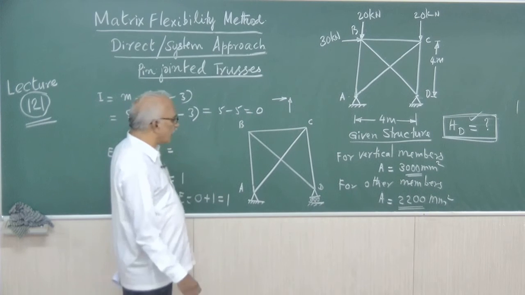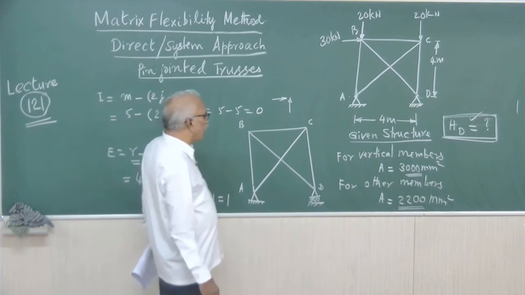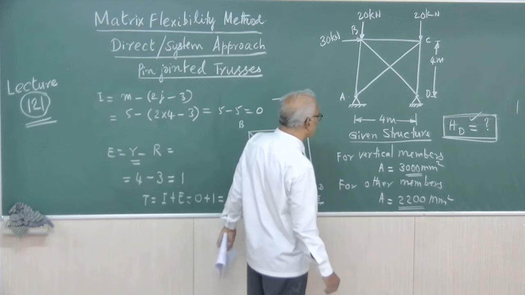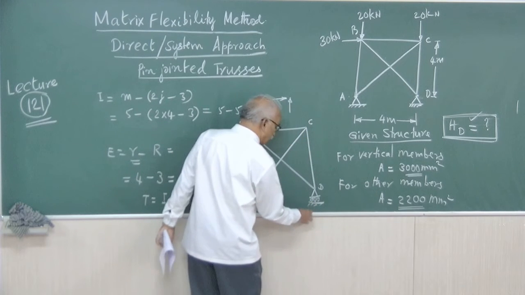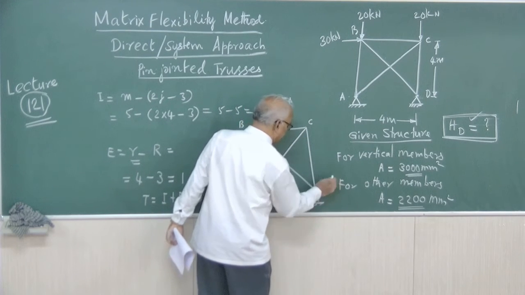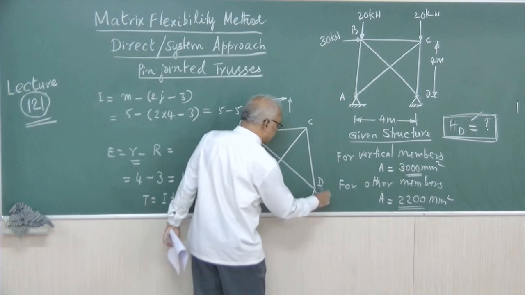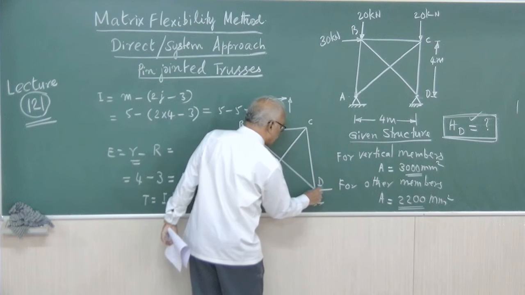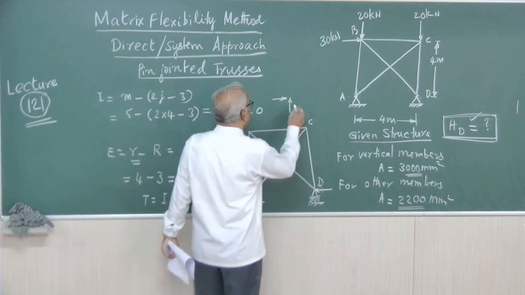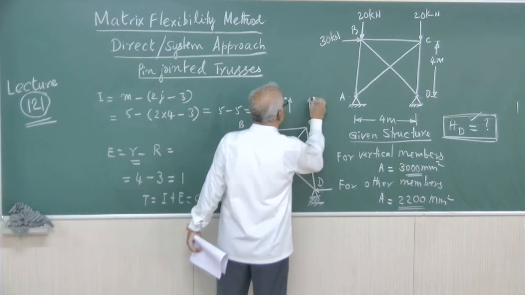For treating the horizontal reaction at D as redundant, place the support D on rollers. Here a vertical reaction is possible and also a horizontal reaction.